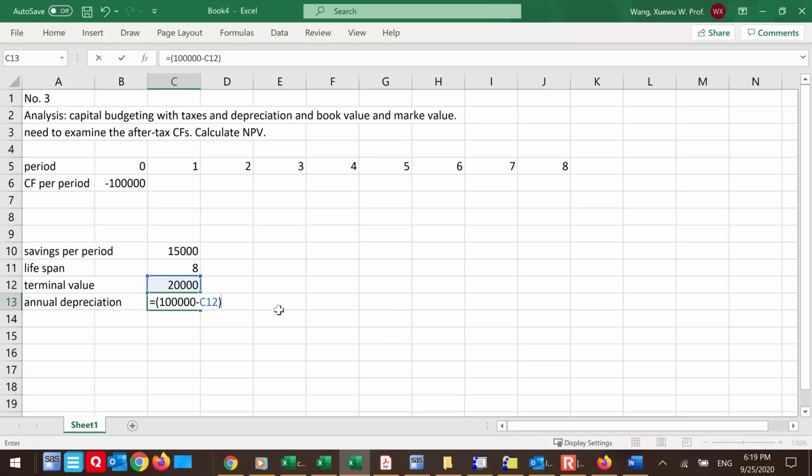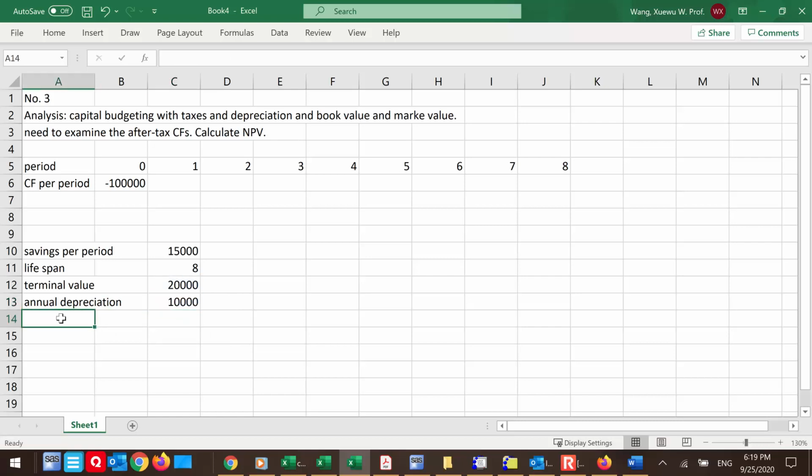So that means the machine will be depreciated for a total of this amount here. That's 80,000. And you're going to have 8 years to do the depreciation. So the straight line implies that your annual depreciation is 10,000. So this is critical, right? If you want to produce the correct answer, this is the annual depreciation.